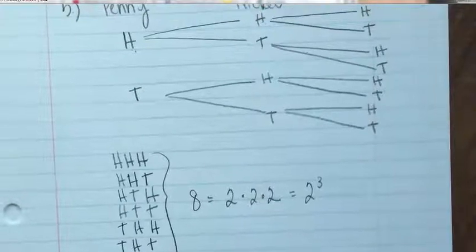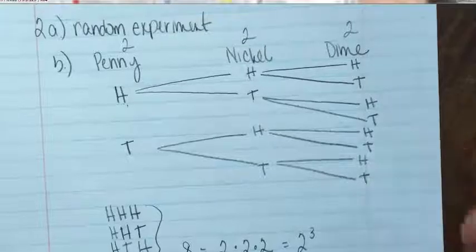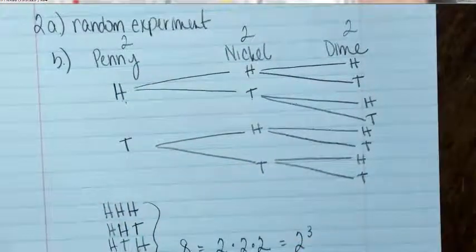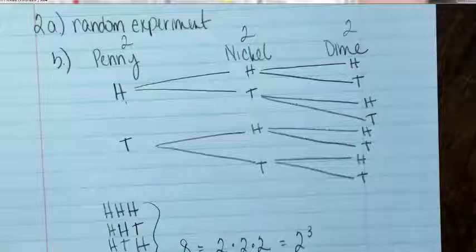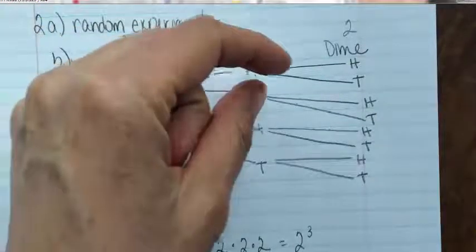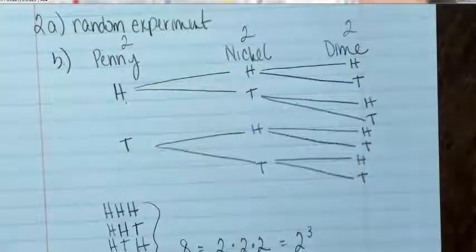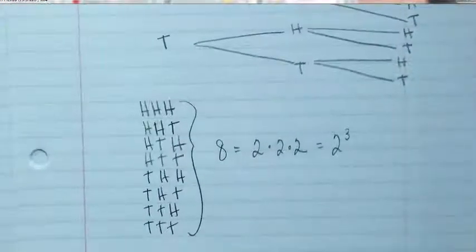So that could be another way to figure these out without drawing out the tree diagram. You think about every single event that you're doing, and then you think about what the possible outcomes are for that. So a penny had 2 possible outcomes, a nickel had 2, and a dime also has only 2. So I take 2 times 2 times 2, and that gives me the total number of possible outcomes, or sample space.